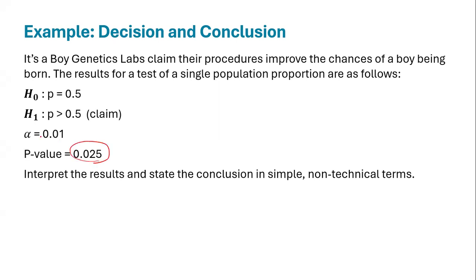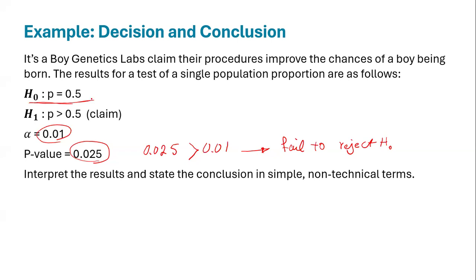Is the p-value less than alpha or more than alpha? The p-value here is 0.025. It's more than alpha. If the p-value is greater than alpha, our decision is fail to reject the null. So you fail to reject the null.